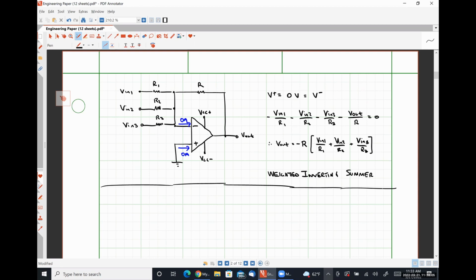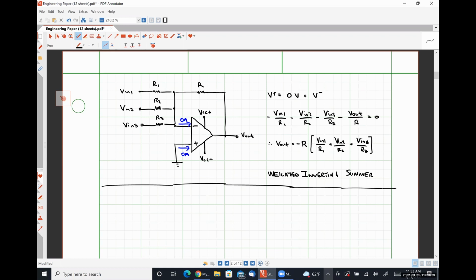The output saturates at VCC plus or VCC minus because it's no longer behaving like a negative feedback amplifier. R1, R2, and R3 are all going to be much greater than R, but it depends on what you want to do.